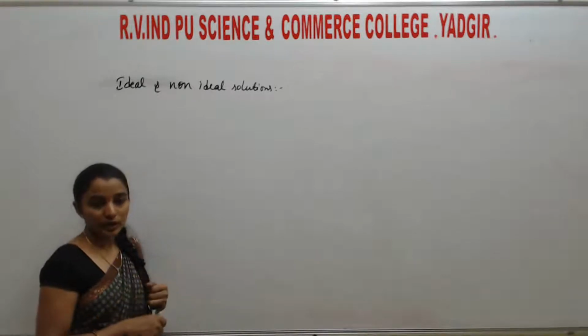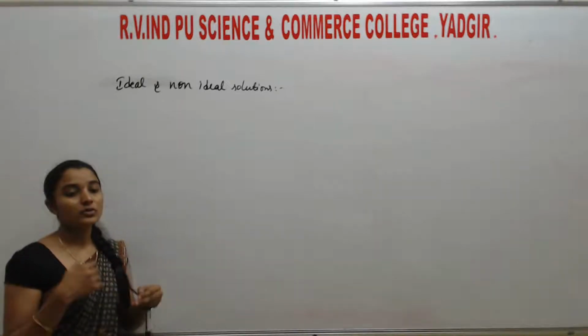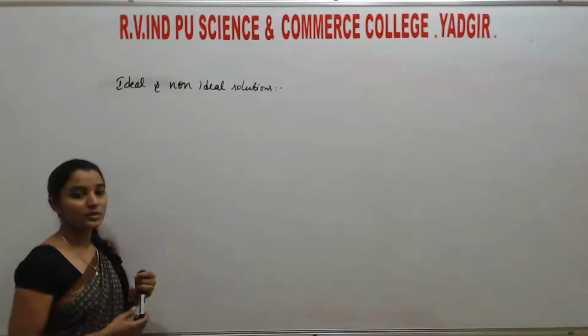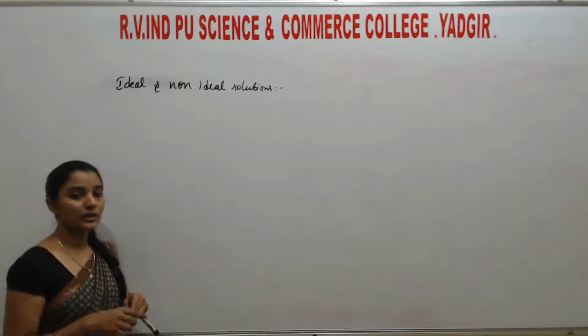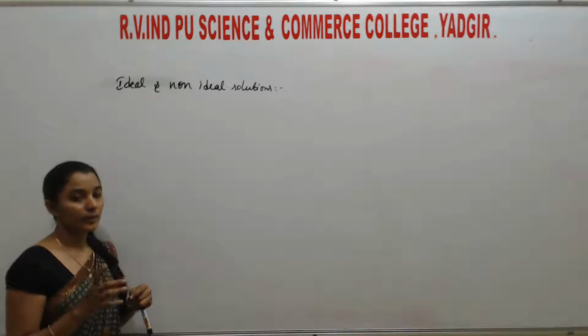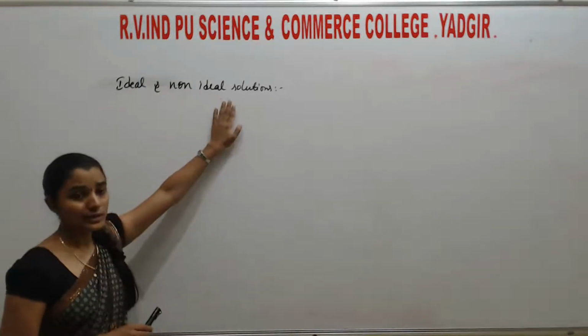Volatility means it can easily vaporize. Which one vaporizes easily shows less vapor pressure, and which has the most volatility shows more vapor pressure. So they form ideal and non-ideal solutions.